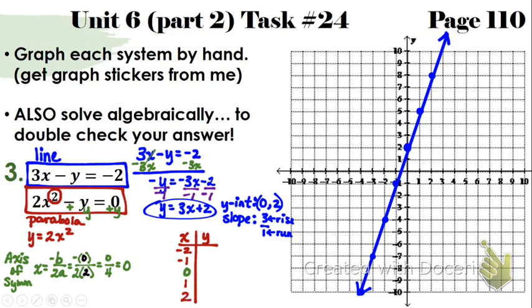Let's see what we get when we substitute in. I'm going to take 0 first, my vertex, and substitute it into the y equals for my parabola. Do I multiply by 2 first, or do I square it first? What does order of operations say? Square it first. What's 0 squared? 0. Times 2? 0. So I have an ordered pair at 0, 0.